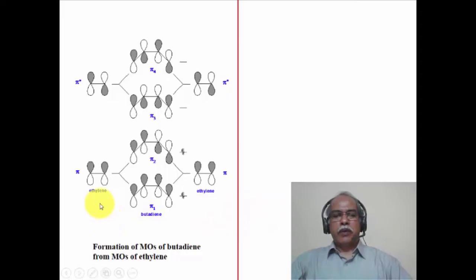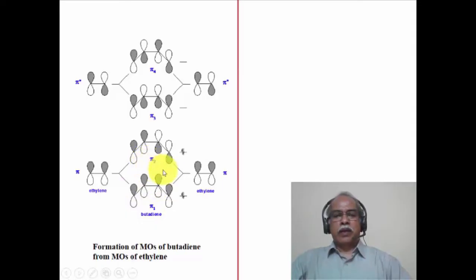Now the molecular orbitals of butadiene can be easily constructed by the linear combination of the pi molecular orbitals of ethylene. If you take one ethylene molecular orbital and another ethylene molecular orbital, a symmetrical combination of the bonding molecular orbitals of the two ethylenes gives you molecular orbitals of butadiene, one with a symmetrical combination where all the algebraic signs are the same, with 0 nodes.